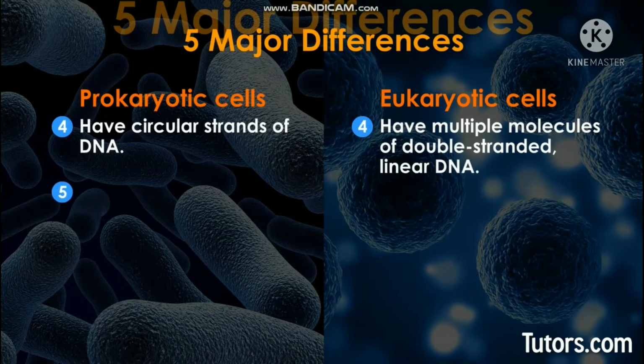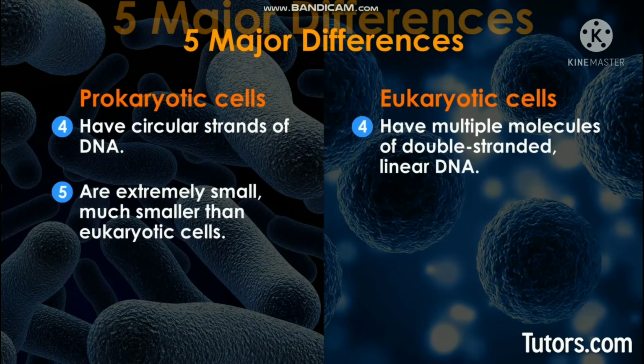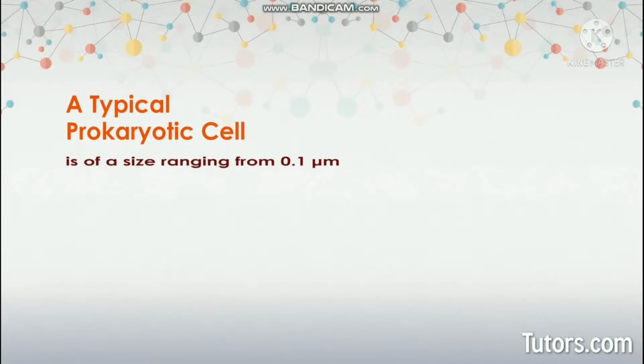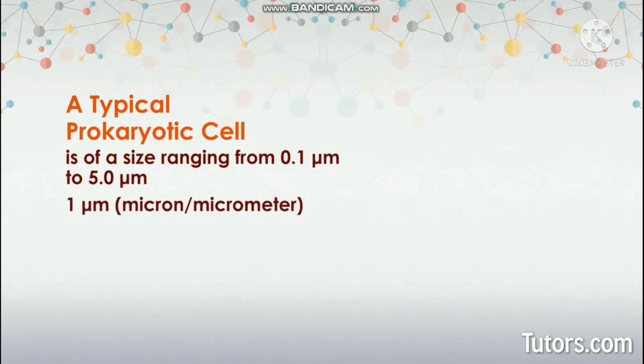5. Prokaryotic cells are extremely small, much smaller than eukaryotic cells. A typical prokaryotic cell ranges in size from 0.1 microns to 5.0 microns. 1 micron or micrometer is 1/1000th of a millimeter, or 1/millionth of a meter.